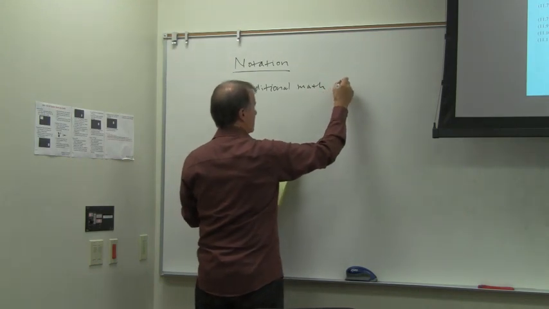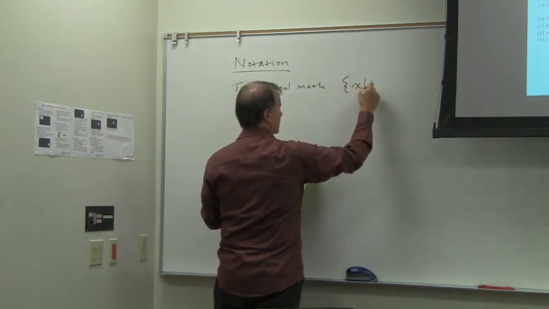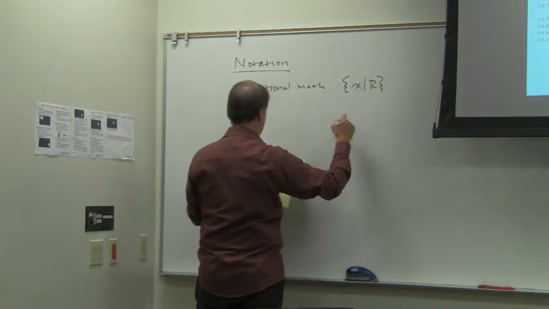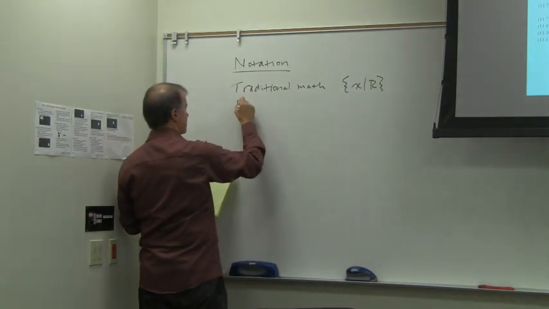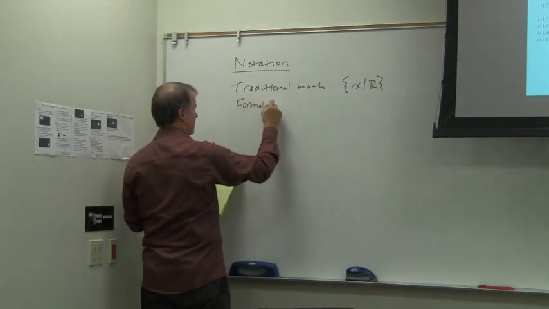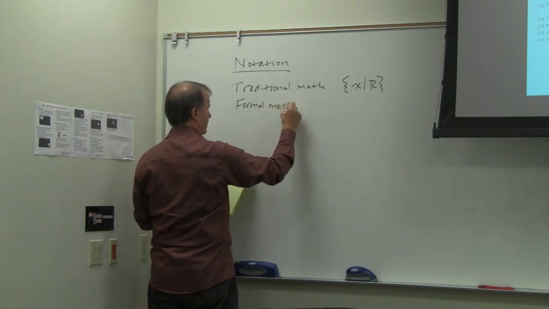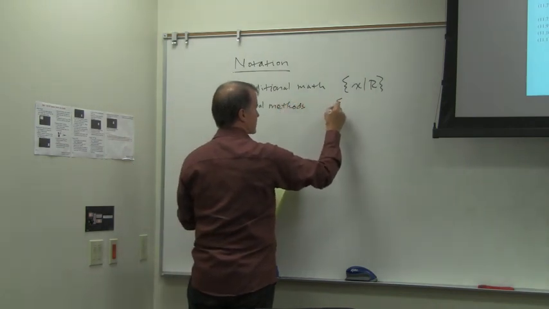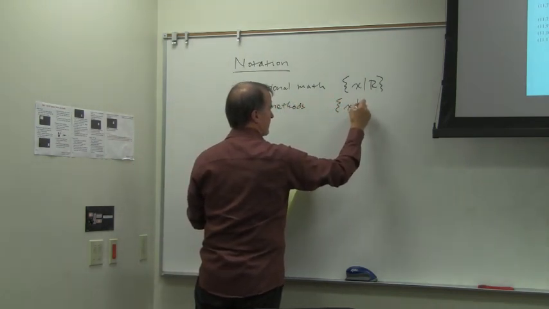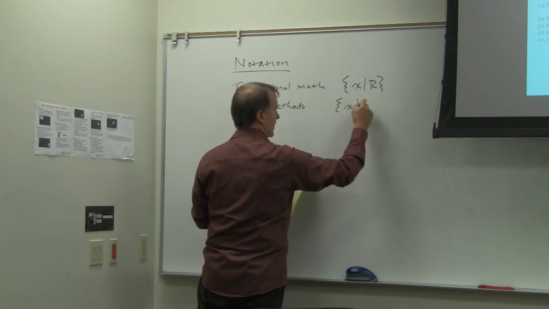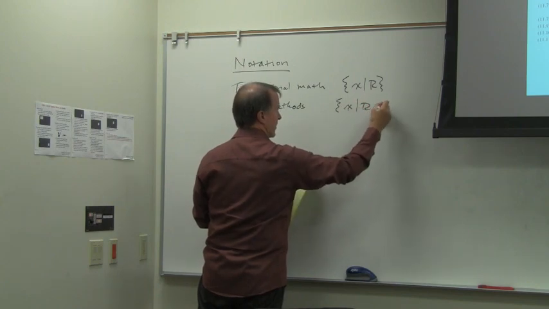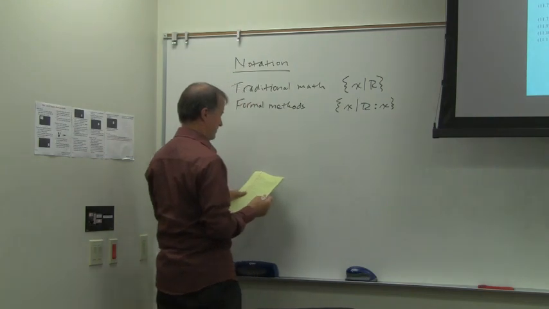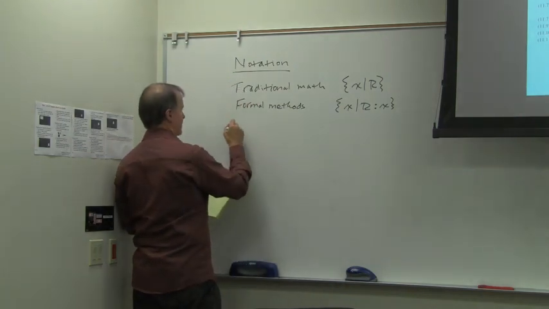That is the traditional way to do it: set over x, range R. Whereas with formal methods, we have this extra body in range: set over x, range R, body x. Okay?